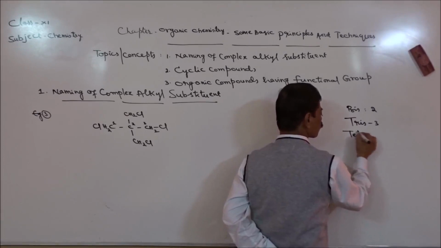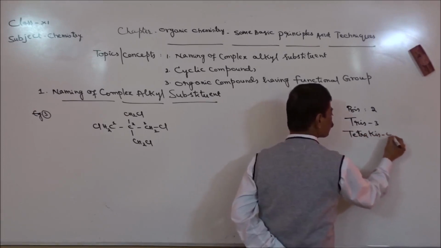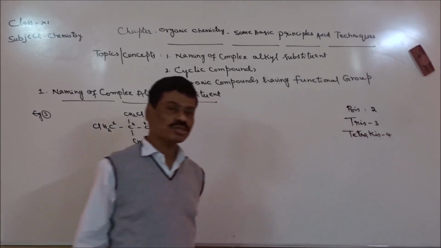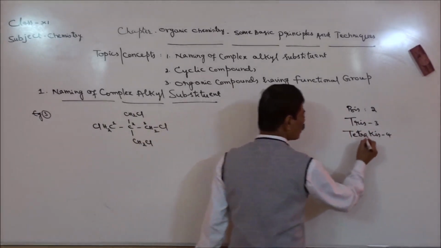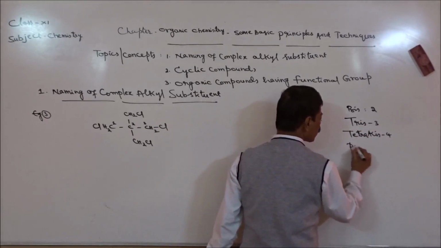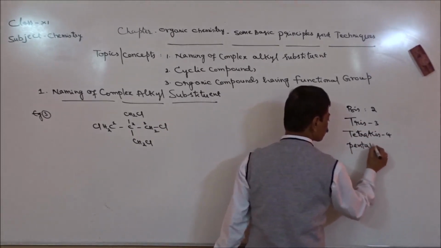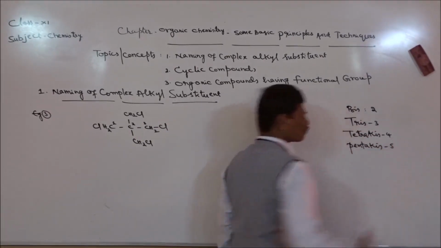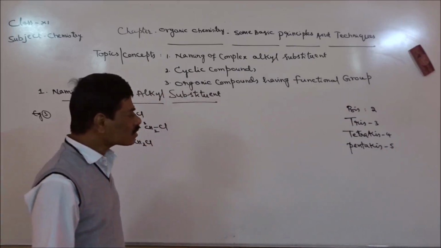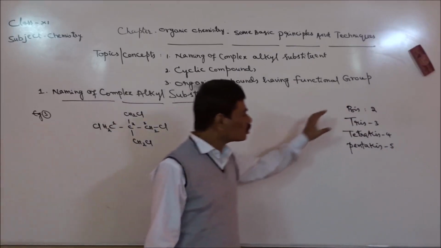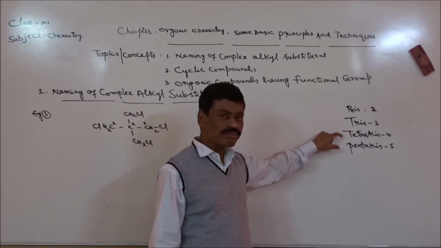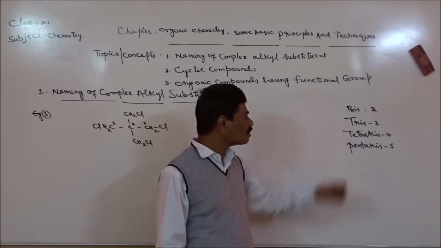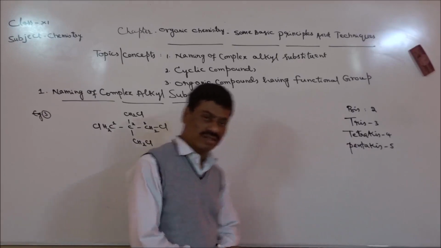Tetrakis means 4. So a single S should be there. If we write a double S, that gives a different meaning. Next is pentakis, meaning 5. So these terms we need to remember. We are not going to write di, tri, tetra, penta. We are going to write bis, tris, tetrakis, pentakis, and so on.